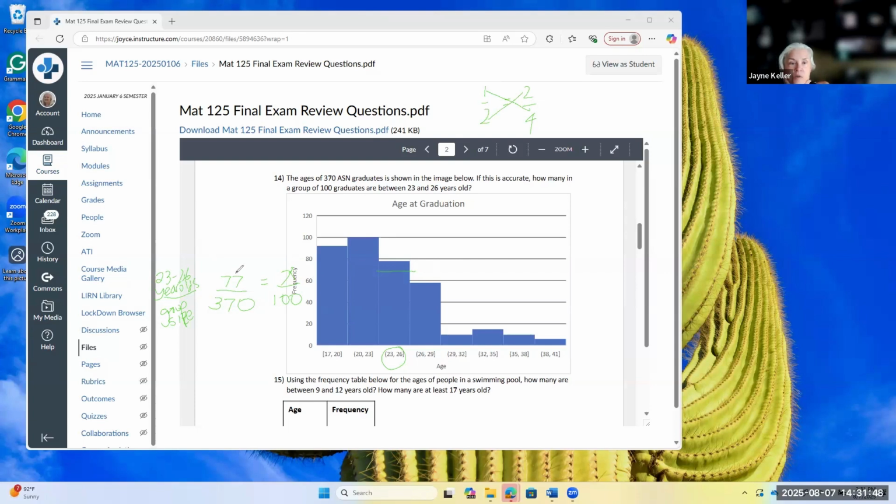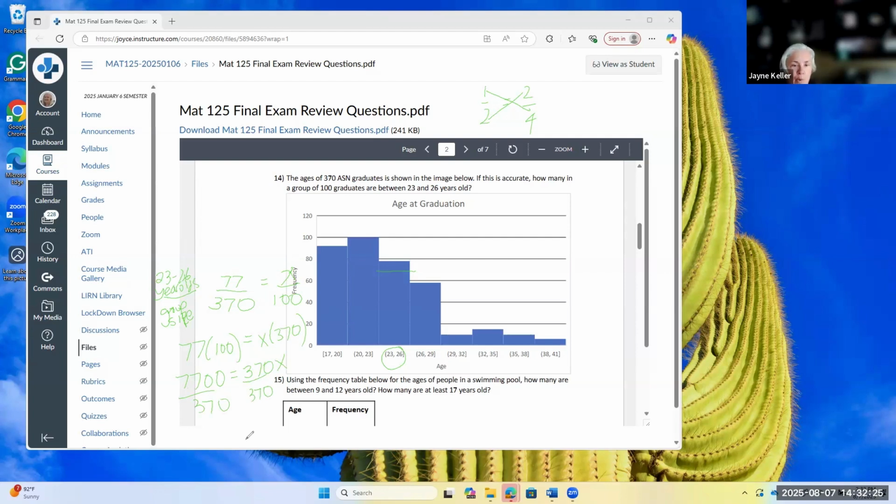So we use that to solve something like this. 77 times 100 has to be equal to x times 370. 77 times 100 is 7,700, which has to equal 370 times x. To find x, I just divide by 370. So 7,700 divided by 370.